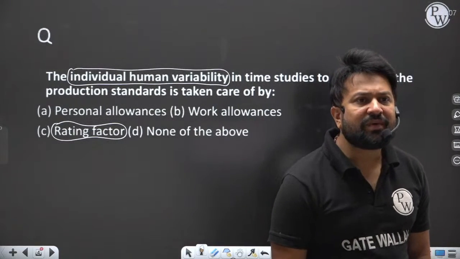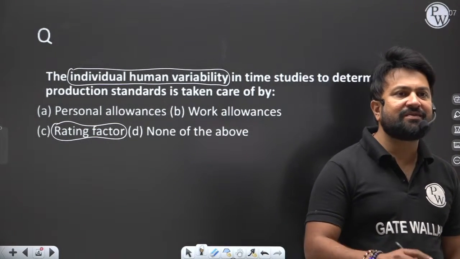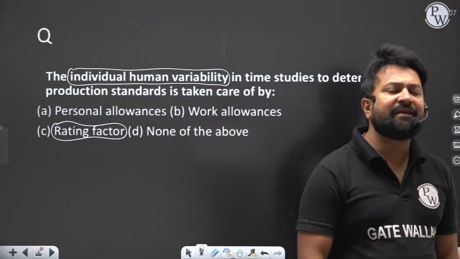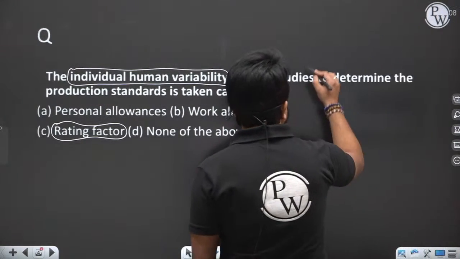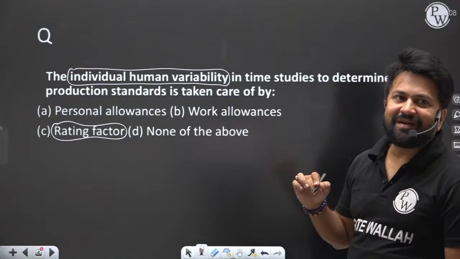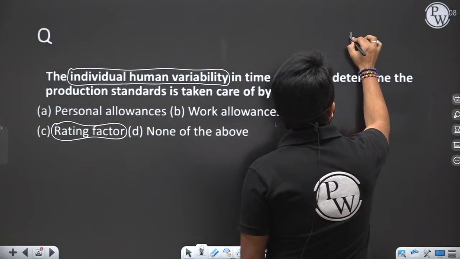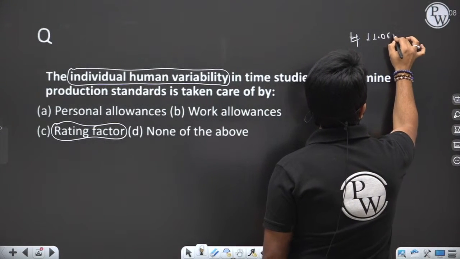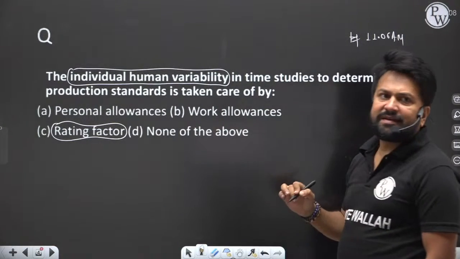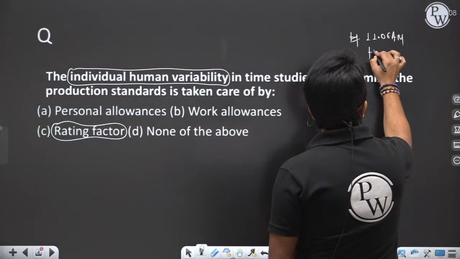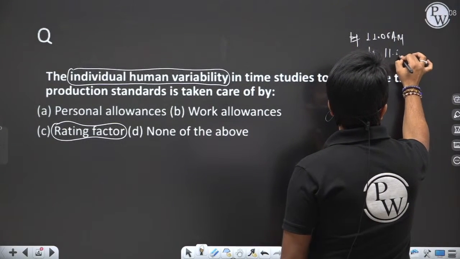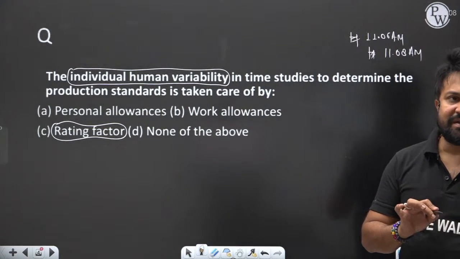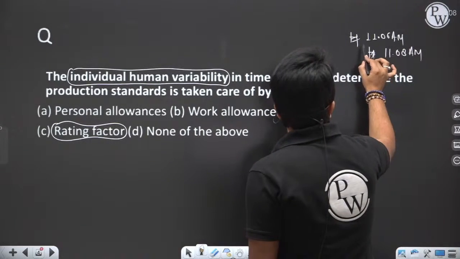And one student, Bhupesh Sherawat, let's say gave the same answer at 11:08 a.m. On the same question, both have taken some time, but here see the efficiency.